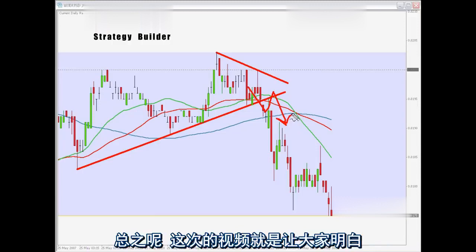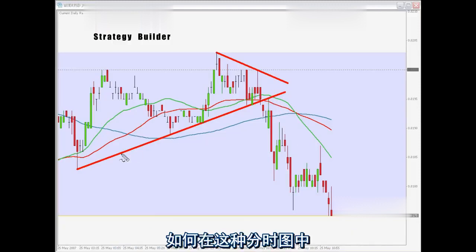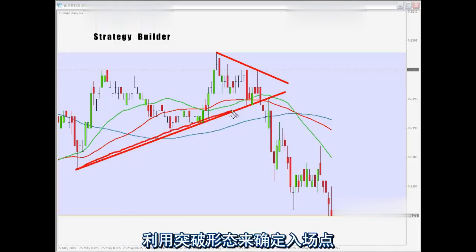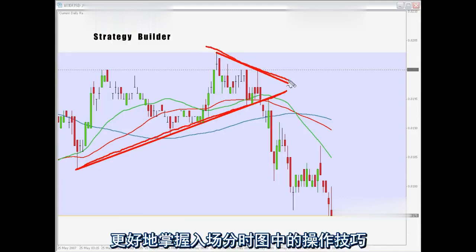Nonetheless, the point of this video is to show you how you can actually trigger an entry using all those breakout techniques that we reviewed in the previous chart, in the entries chart.